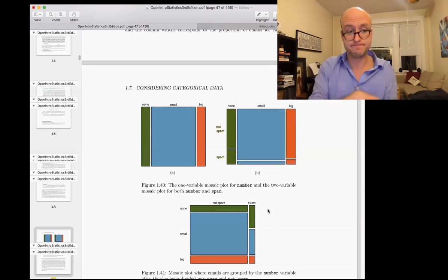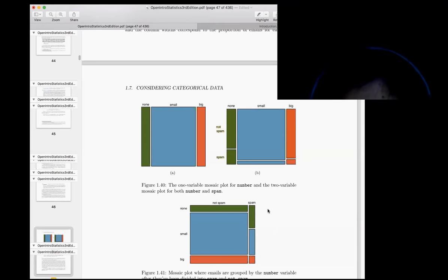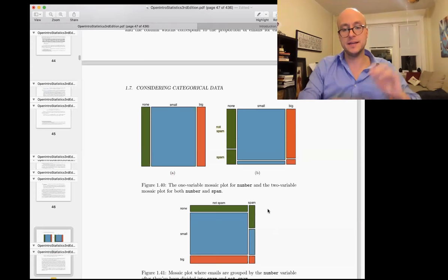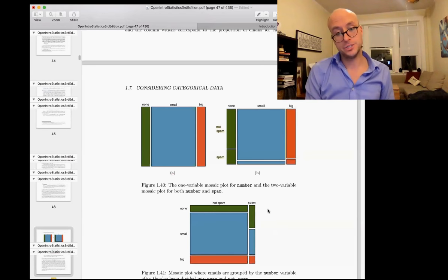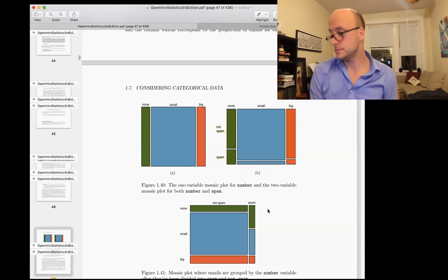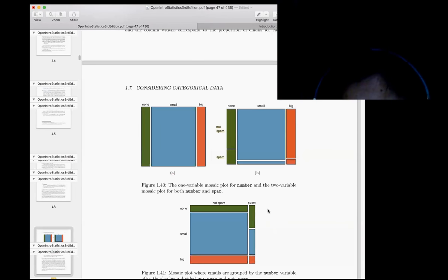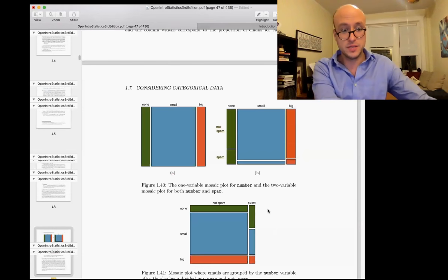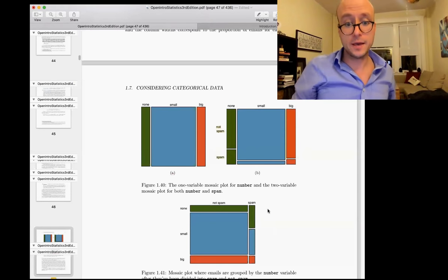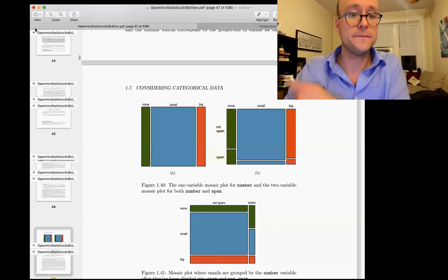Do that first. It's unconditional. And then your splits are going to be conditional on that. So there you go. Maybe that'll be a viral YouTube video. Brownies and mosaic plots.